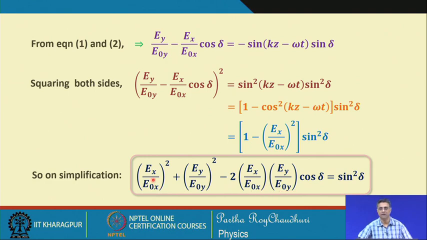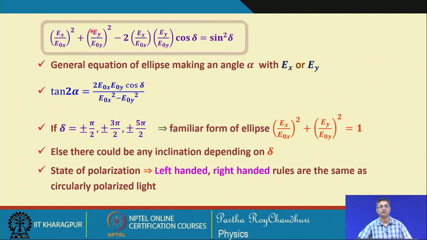In the earlier case it was circularly polarized light; now this will correspond to elliptically polarized light, the general equation of an ellipse making an angle of alpha with E x and E y. The angle is given by tan of 2 alpha, which corresponds to this quantity, which is again a function of delta.